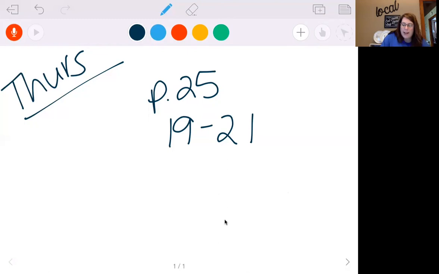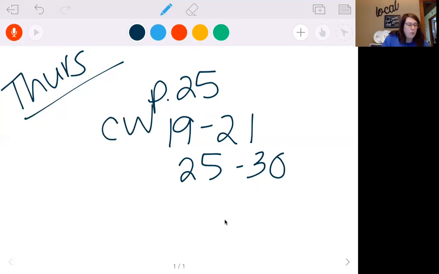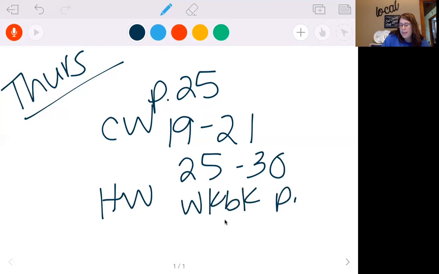And then 25 to 30, where you're going to make an equivalent decimal for each one. Homework is going to be workbook, page 18, okay? You're going to practice a little bit more of what we did each of these days. Tomorrow you'll have a little quiz on these, and it'll be just like this, and then that'll be done.